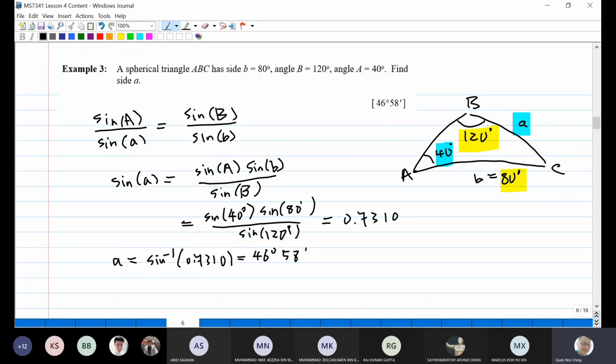Now remember, when you apply the sine rule, there are two possibilities. Okay, remember when I talk about sine, I just draw a picture here. So this is theta here, and this is 180 minus theta here.